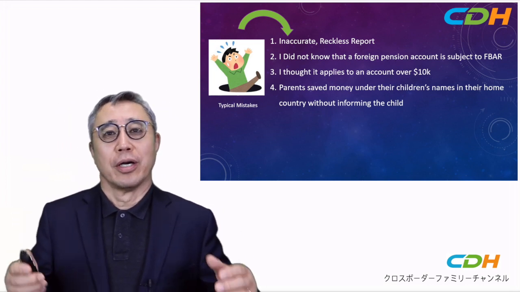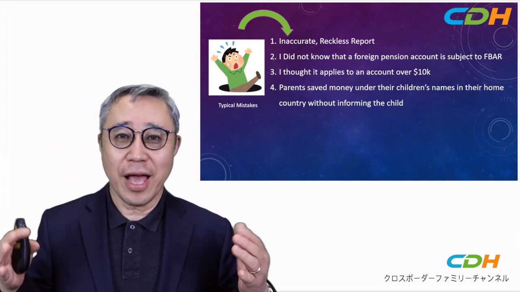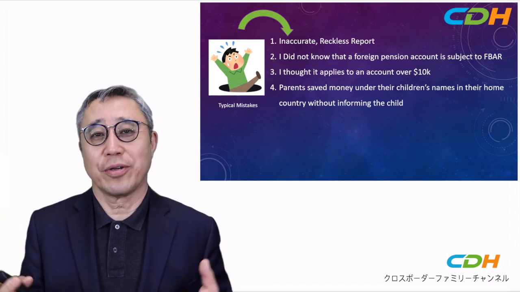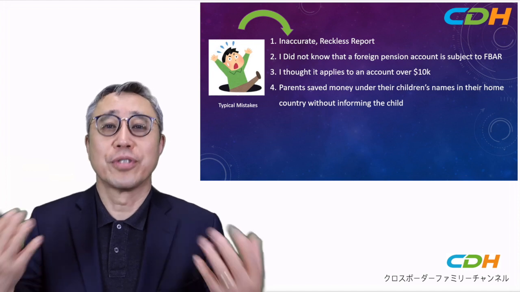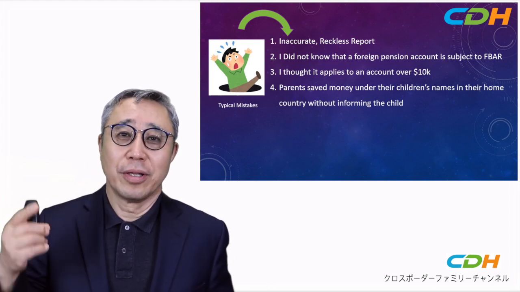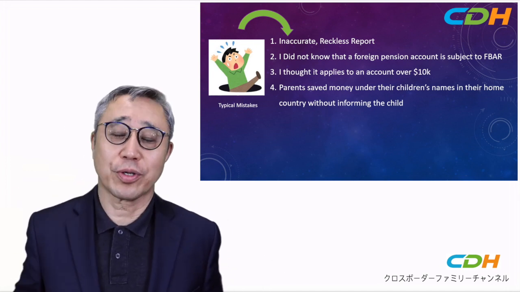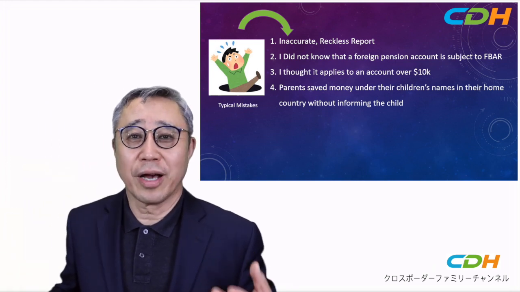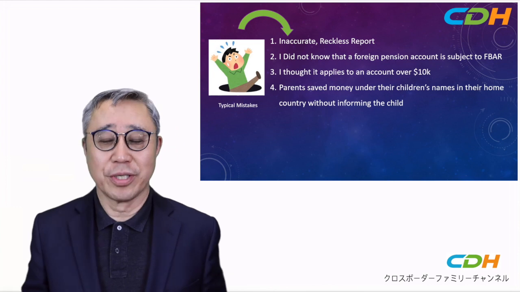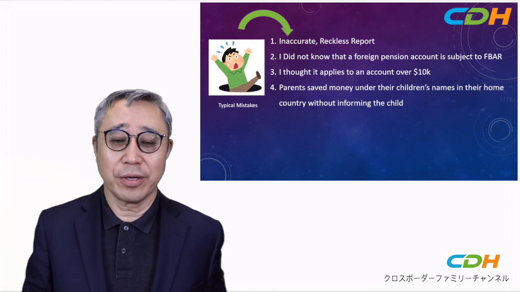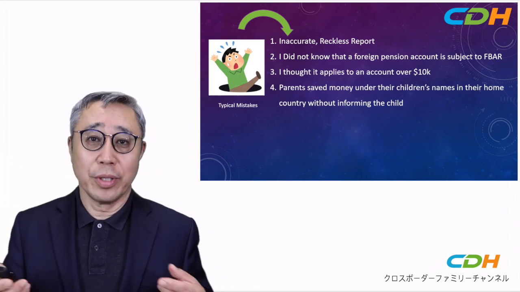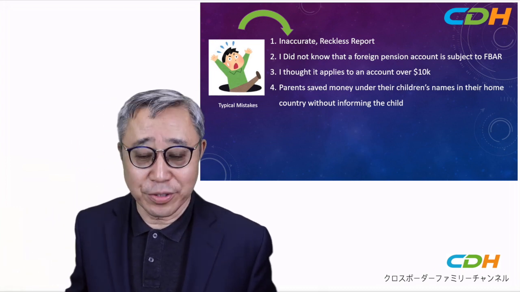So in that case, naturally the parent likes to take care of, or is concerned about, the children's future, so they save money under their name, which could lead to a serious problem for the children who live in the United States.